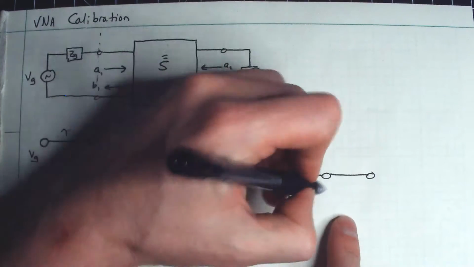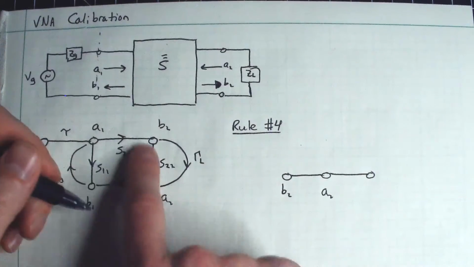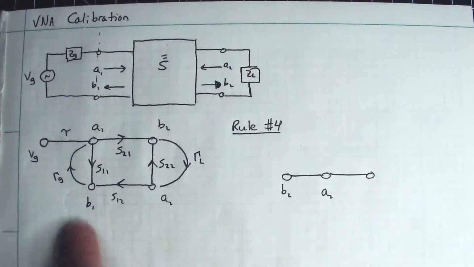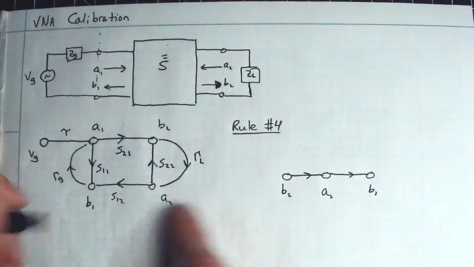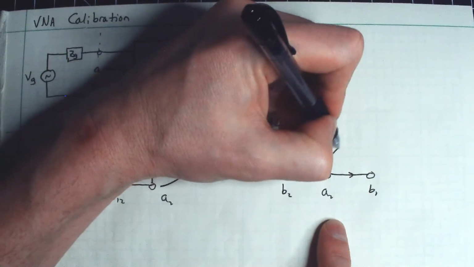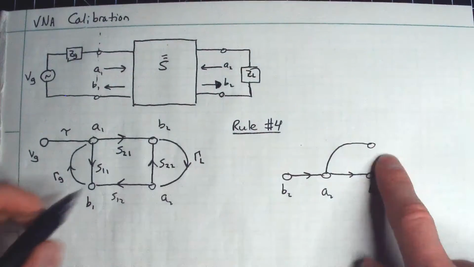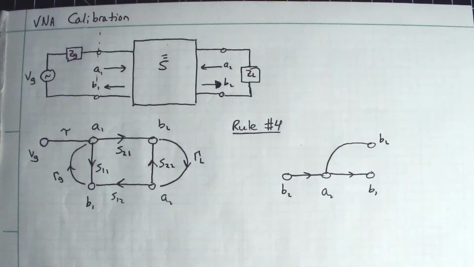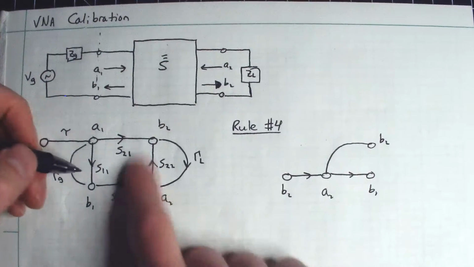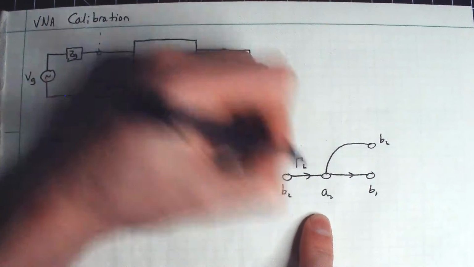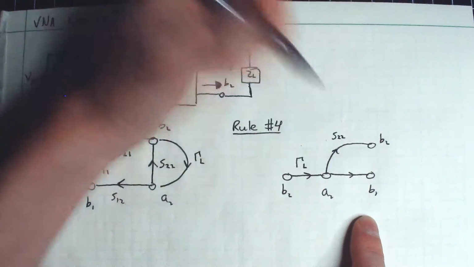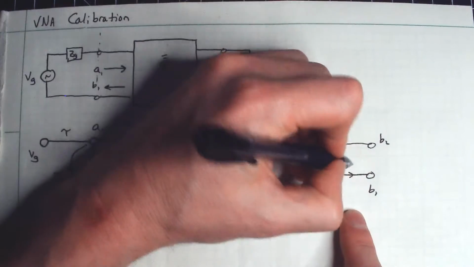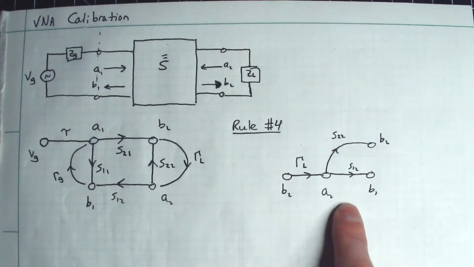It feeds into A2, which then will feed back into B1 again here. So there's this direction, B1. And there's also a branch doing this, and incidentally this branching node is B2. So these are actually the same node, and that's okay. It will follow the rules. So this here is gamma sub L, and then this here is S22. And this is S12 over here, but we don't really care.